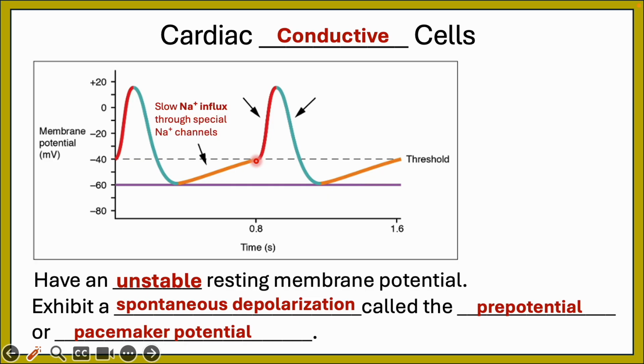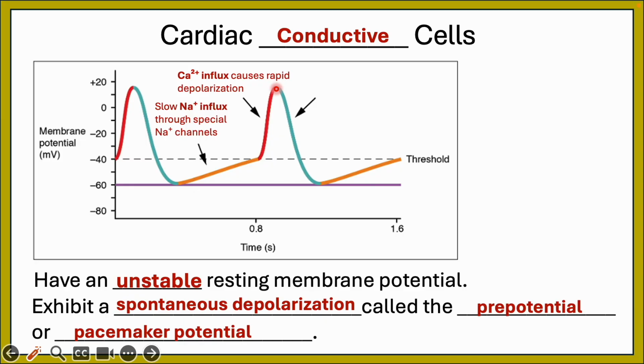This is due to the slow influx of sodium through leaky sodium channels. So the sodium leaks through here, and then it reaches this threshold. At this threshold, that is when you're going to have the voltage-gated calcium channels open, and calcium is going to start going in very rapidly, which leads to rapid depolarization.